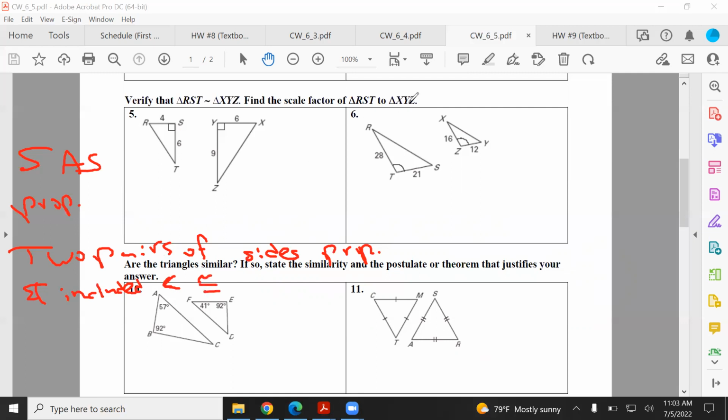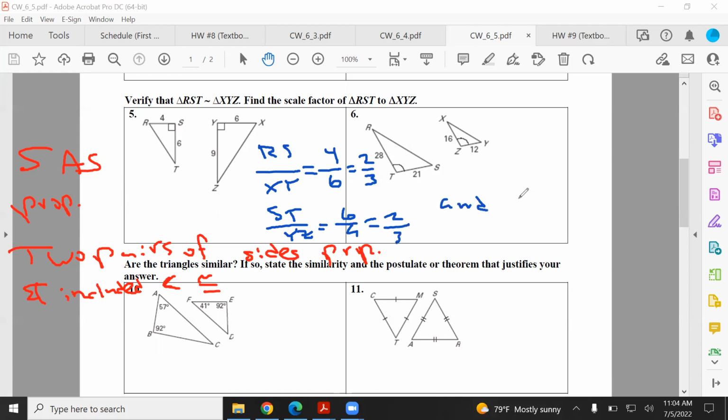Okay. I think we're going to be okay. Let's look at RS over XY. So you have 4 over 6, which is 2/3. Let's look at ST over YZ. You have 6 over 9, which is also 2/3.